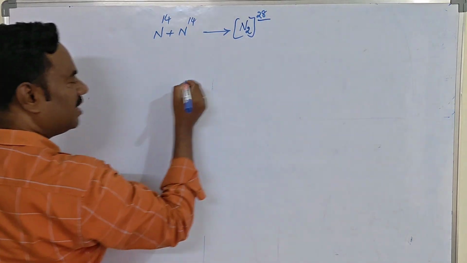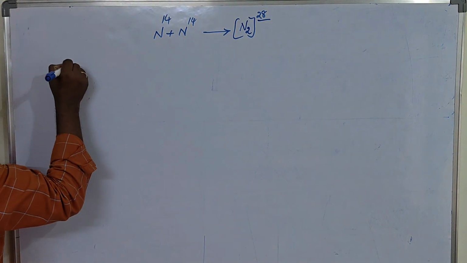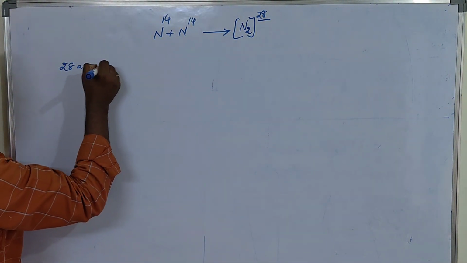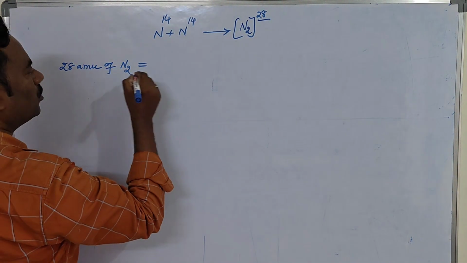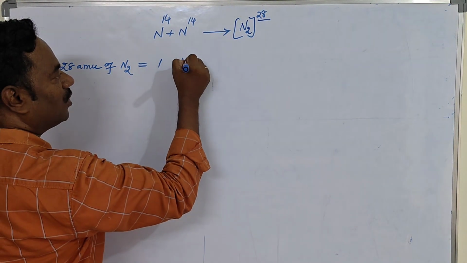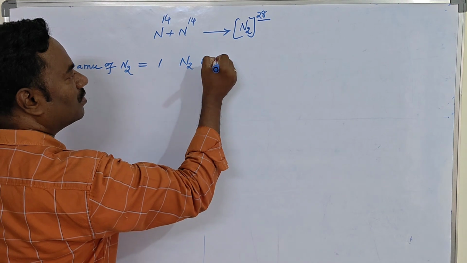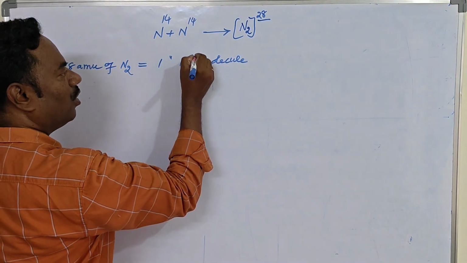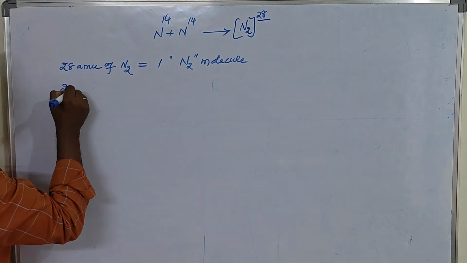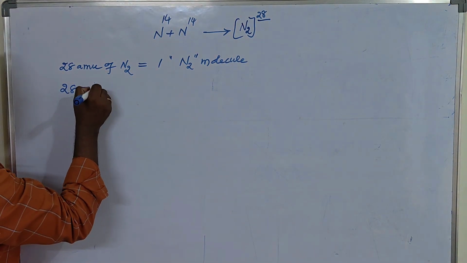If that mass is in AMU, 28 AMU of nitrogen is equals to 1 N2 molecule.